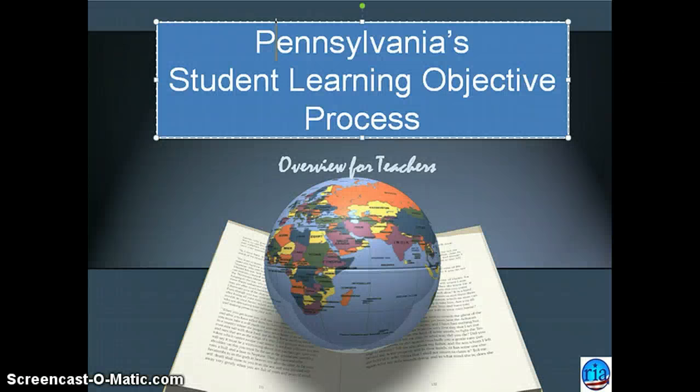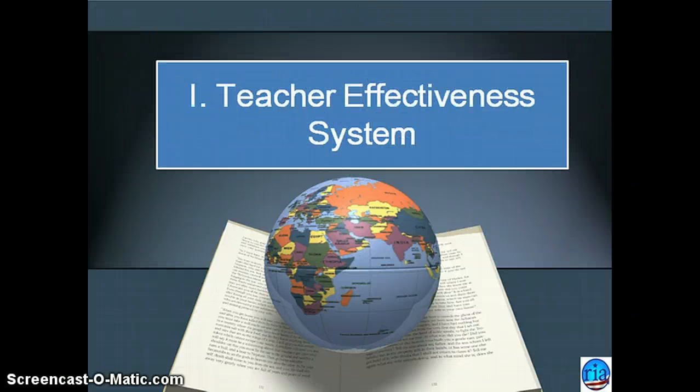We'll take the next few minutes to discuss how SLOs fit into the new teacher effectiveness system. As you know, Act 82 was adopted in its final form in January of this year.